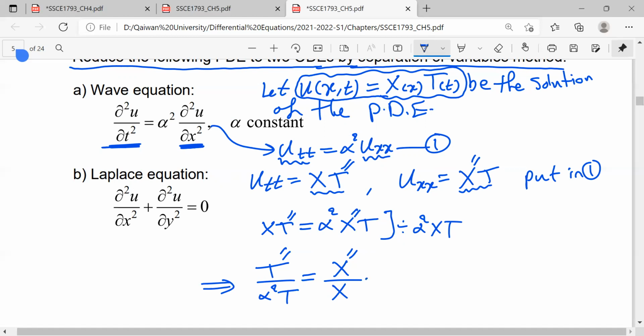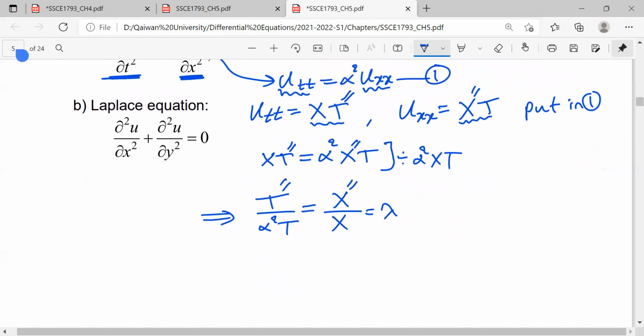So we set both equal to lambda. Now the first part equals lambda and the second part equals lambda.